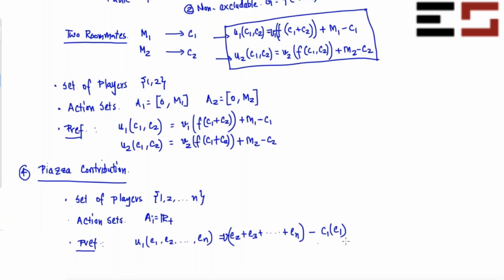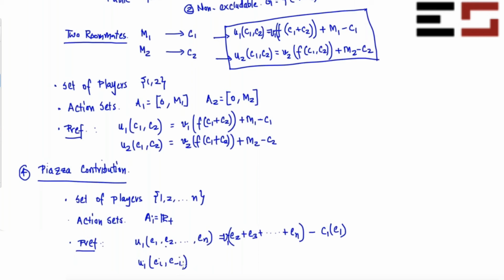And you can put a subscript 1 here so that people can have different value functions and different cost functions. For any ith player, you can write ui as a function of the effort of player i and the effort of players other than player i. So what is e minus i? E minus 1 is nothing but e2 to en. It's the effort of all others except player i.